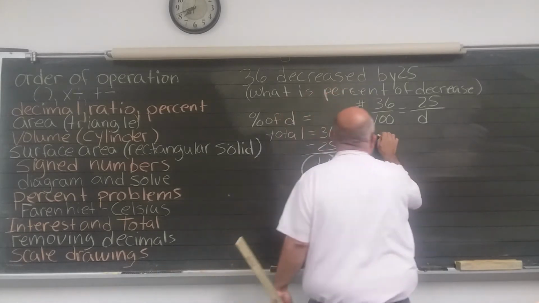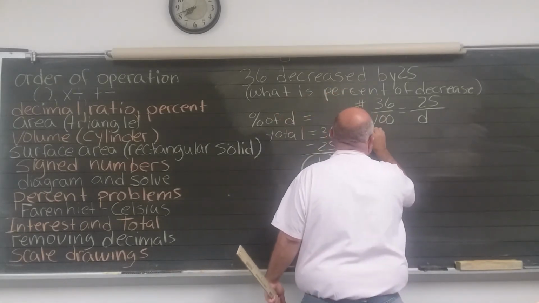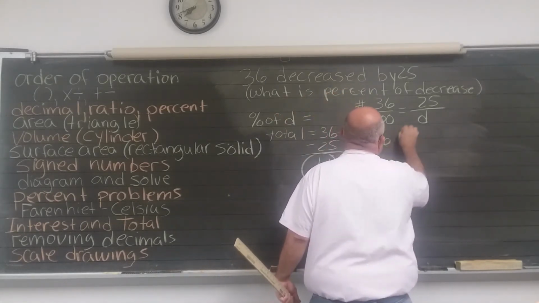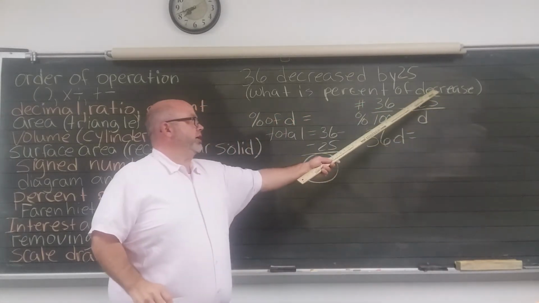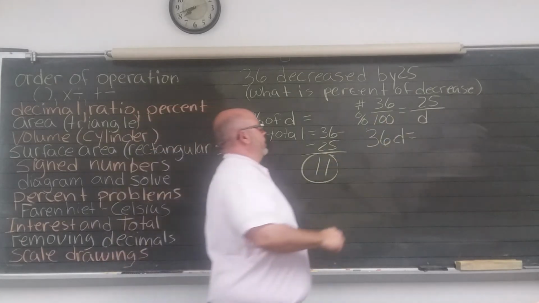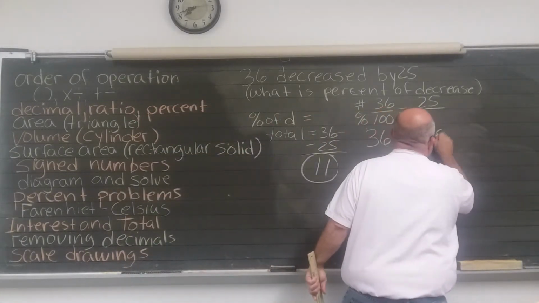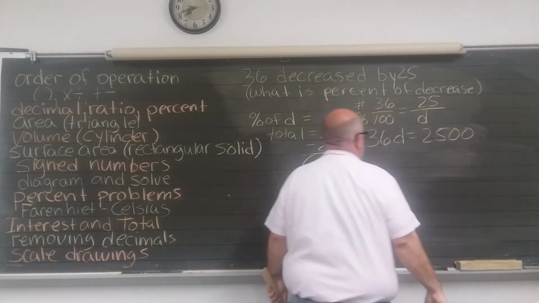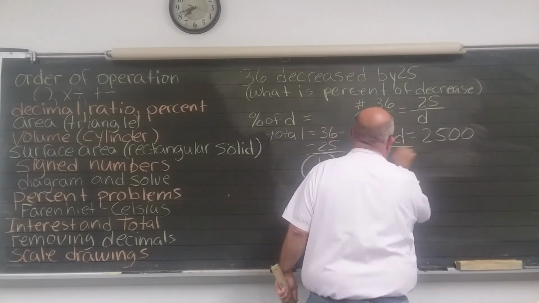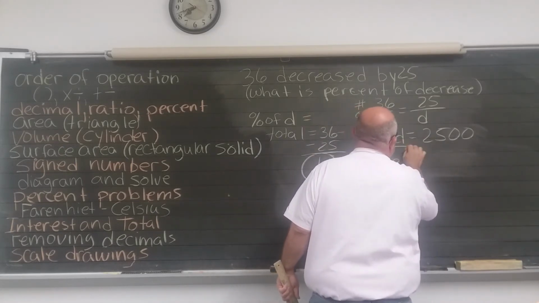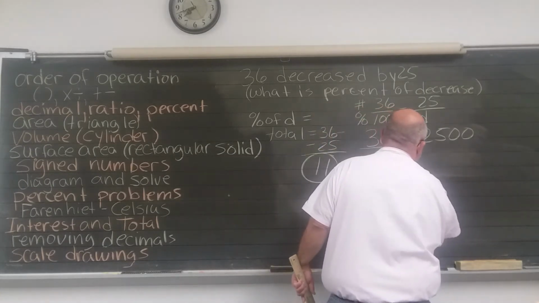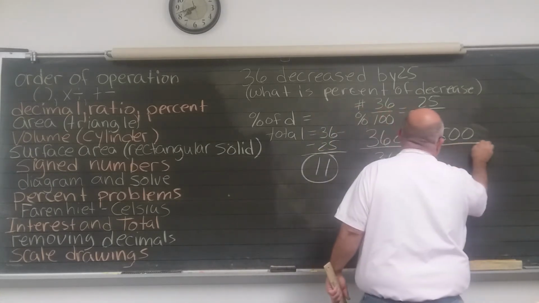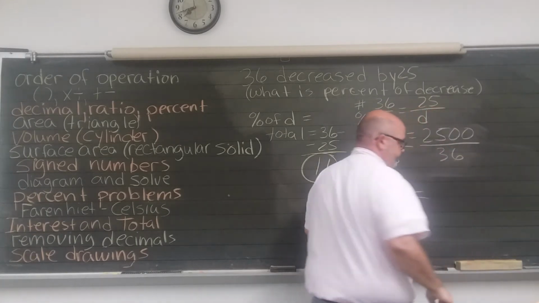So you have 36D equals 25 times 100, right? 25 times 100, let's just put it 2,500. 36D divided by 36 leaves just D. So your last one here is going to be D equals 2,500 divided by 36.